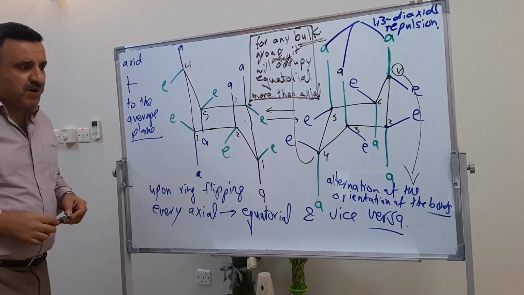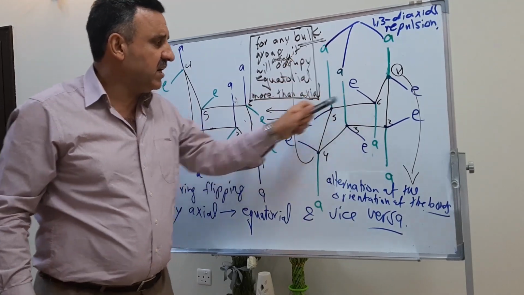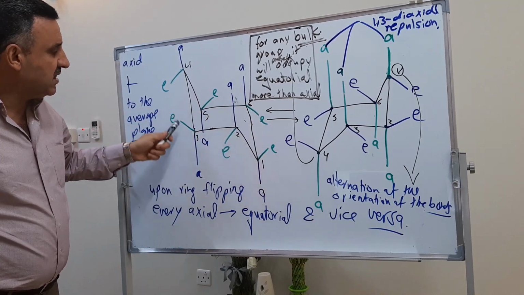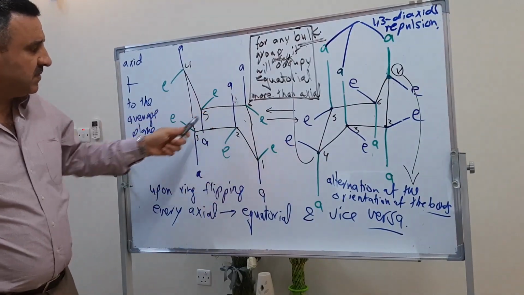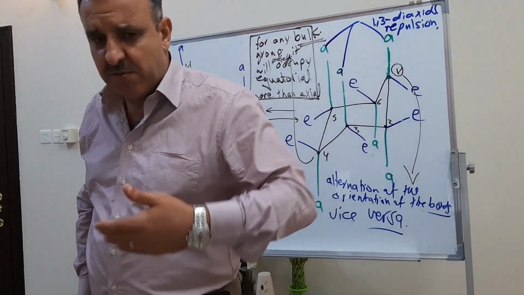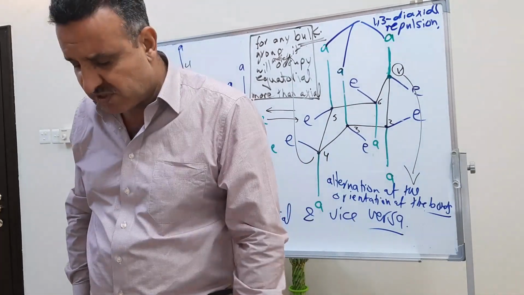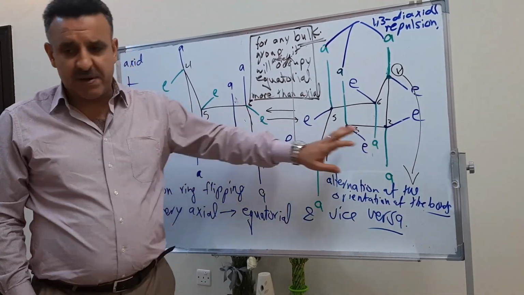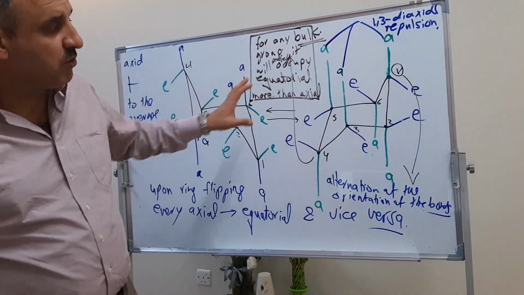As you can see, upon ring flipping, every axial, which was in the green color, becomes equatorial, and every equatorial, which was the blue ones, becomes axial. Do you follow me? That's always accompanied with what we call ring flipping, which is a natural behavior. It always happens. The cyclohexane is in continuous motion between these two equilibrium structures.